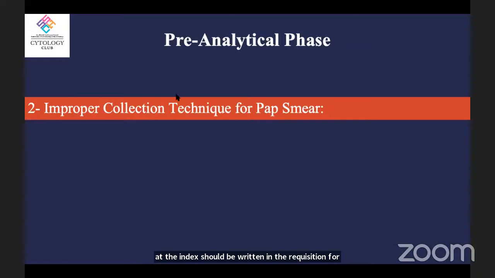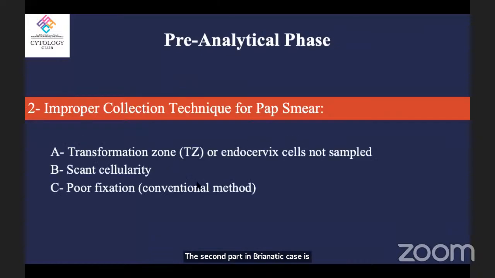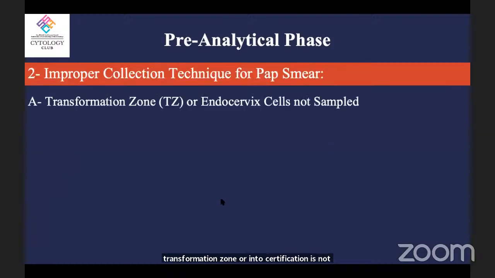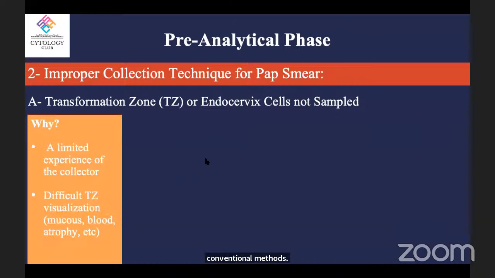The second part in the pre-analytical phase is improper collection technique for Pap smear, where the transformation zone or endocervical cells are not sampled, scanty cellularity, or poor fixation for the conventional method. So the transformation zone is not sampled. Why? First reason is the limited experience of the collector.